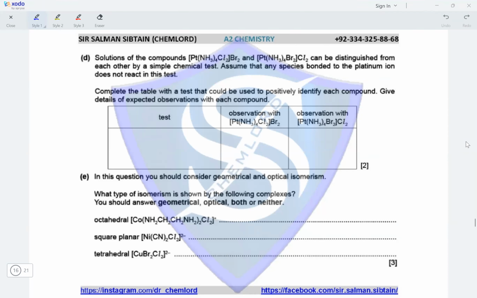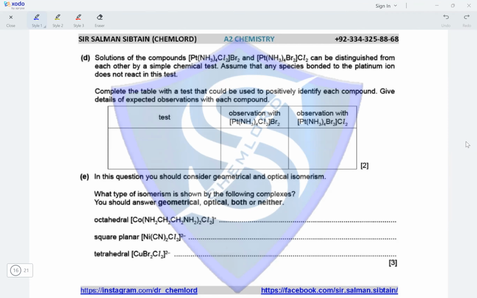Solutions of the compounds [Pt(NH3)4Cl2]Br2 and [Pt(NH3)4Br2]Cl2. So the difference between these is, in the first one the chlorides are the ligands and Br2, that means two Br negative ions, are the anions, and in the second complex Br2 are the ligands and the Cl2, which means two chloride ions, are the anions.